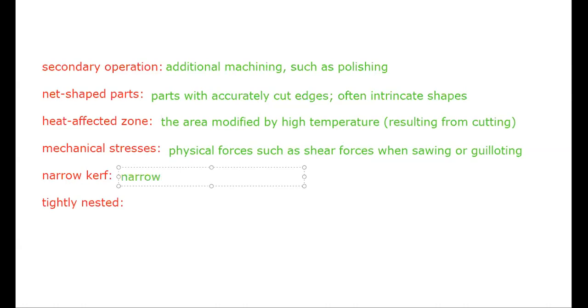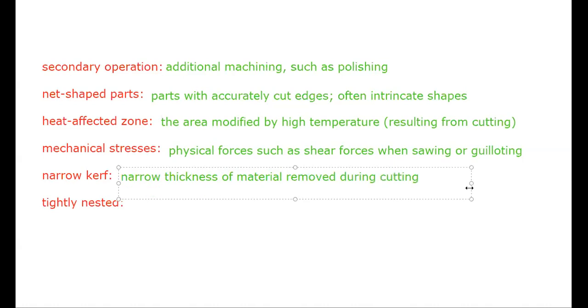In that case, I can use it to cut materials like water jet, when there's almost no difference in the cutting. That would be the narrow thickness of material removed during cutting.